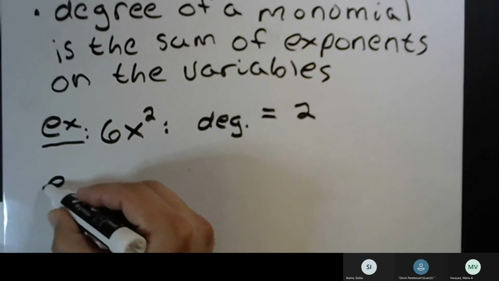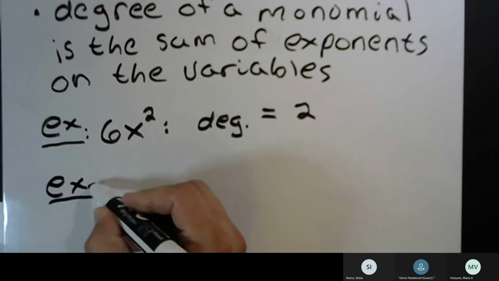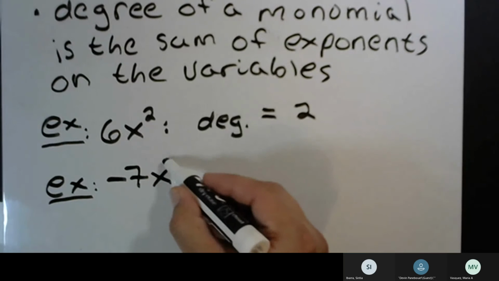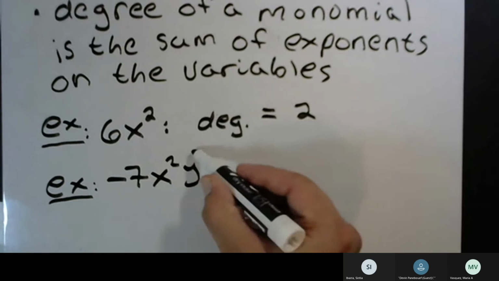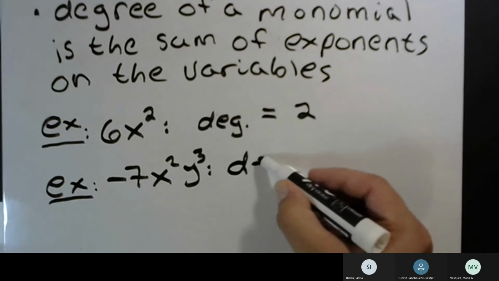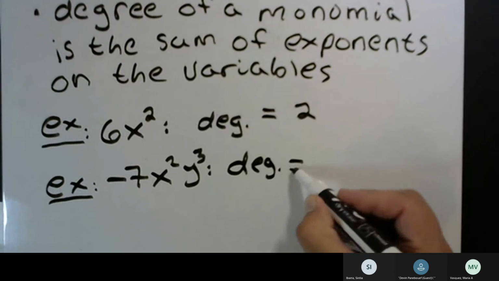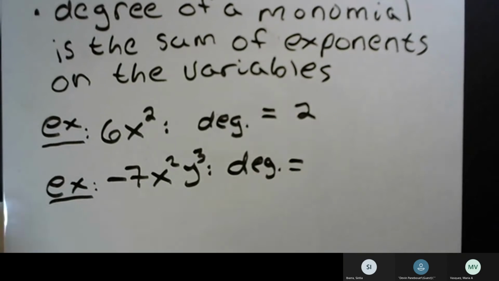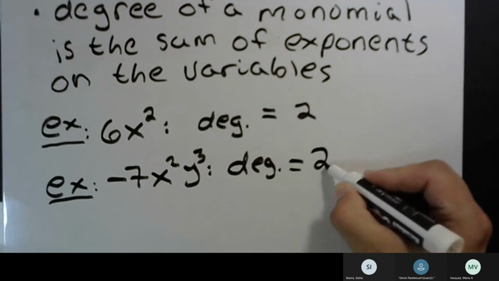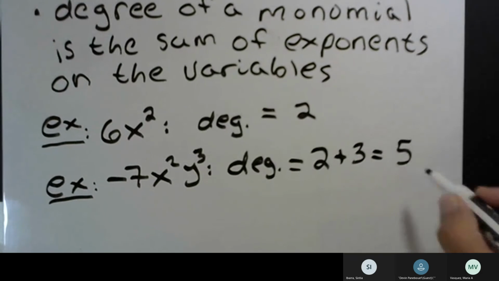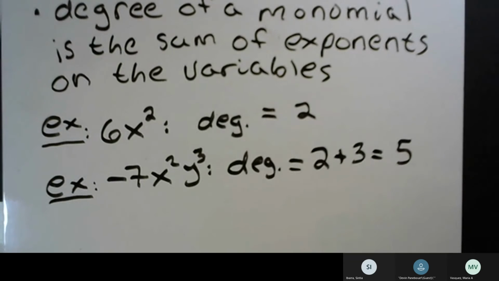But if you have something like this, well, now we've got a couple exponents on variables. Again, if there's an exponent on the constant, we don't worry about that. That we ignore. But here your degree is 2 plus 3, or 5.